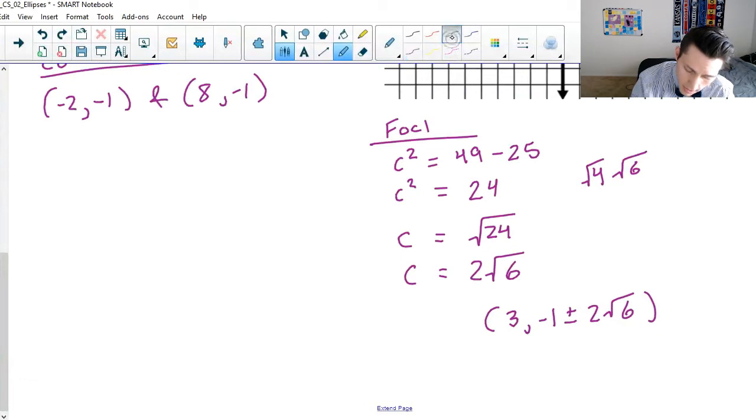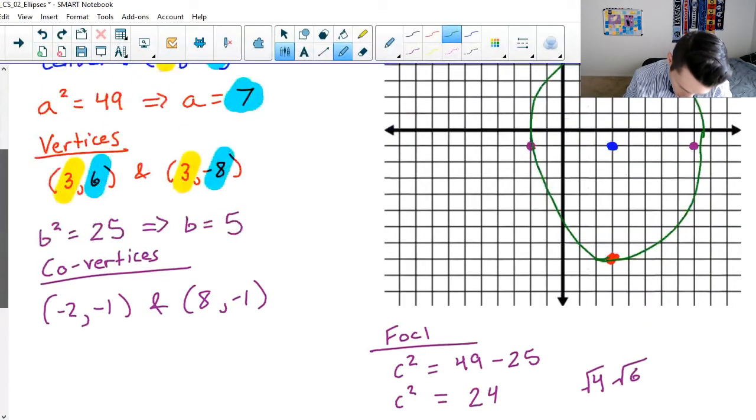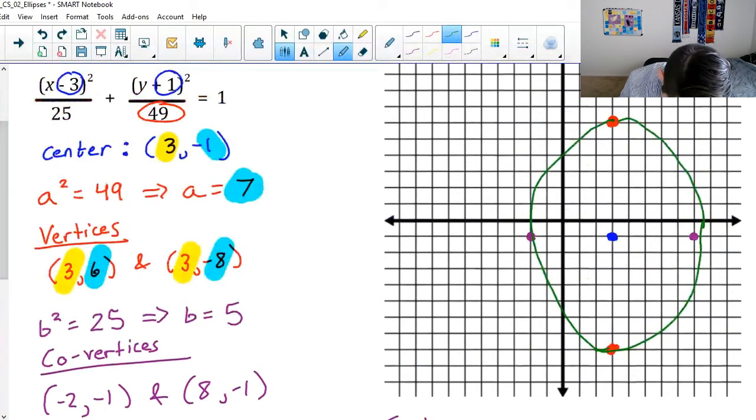And so if I actually calculate, for the sake of graphing again, it's okay to use decimals to get a feel for where they should go. So -1 plus 2 root 6 would be about 3.899. So up here.